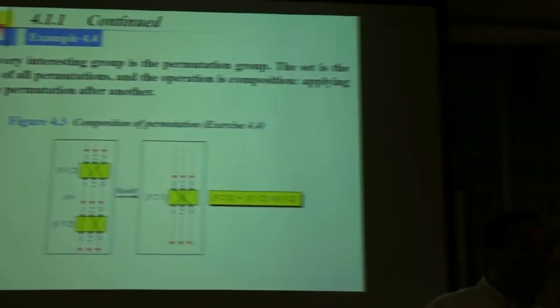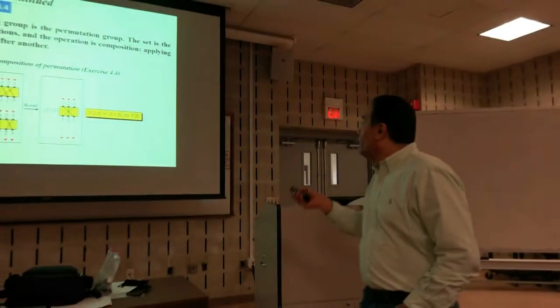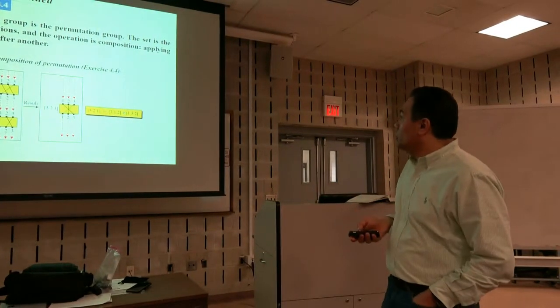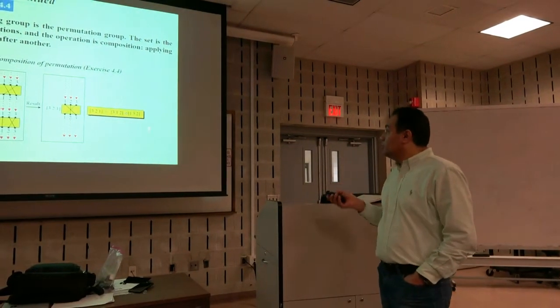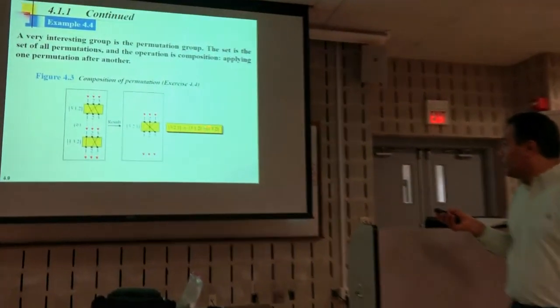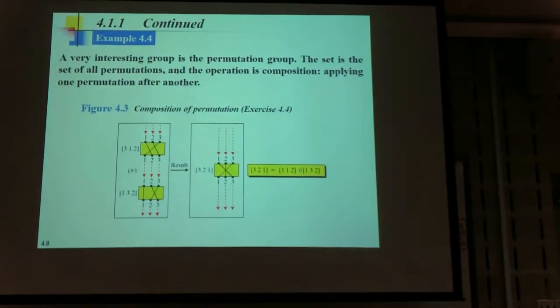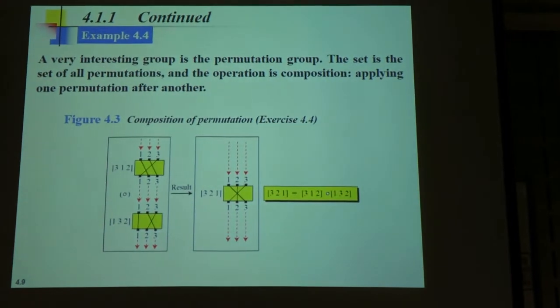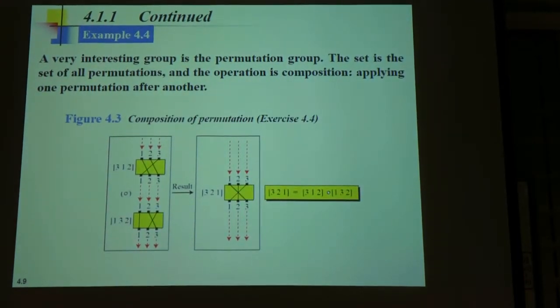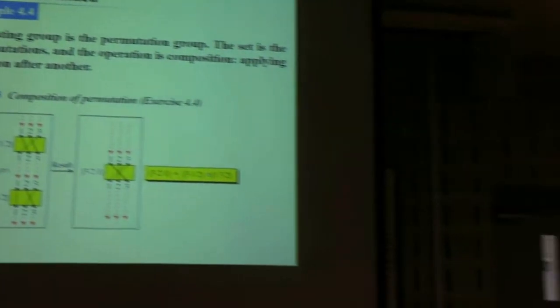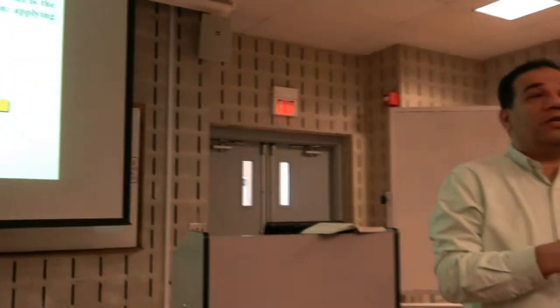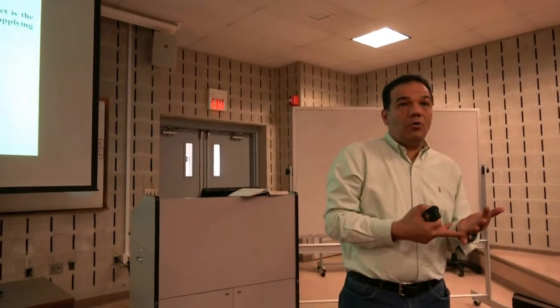So this is like a composition, a process. So this operated with this will give you this output. All right. So in here, what we are talking about is a binary operation. It's not necessarily an operation that we know, like multiplication, addition or subtraction.